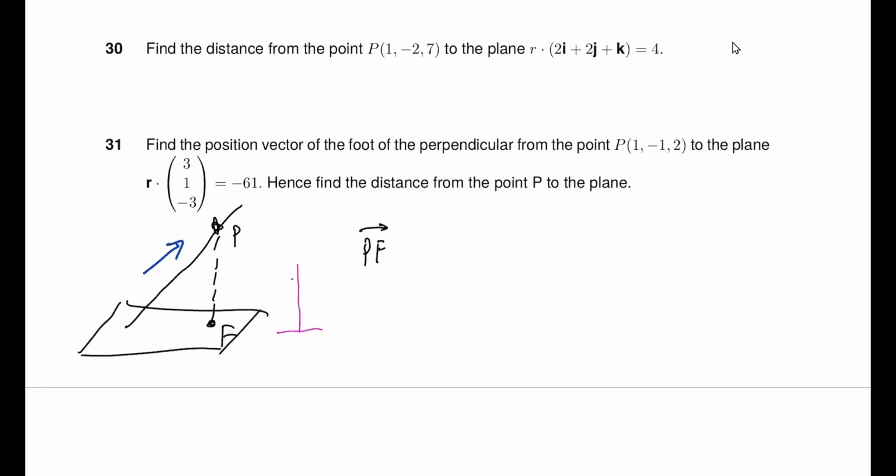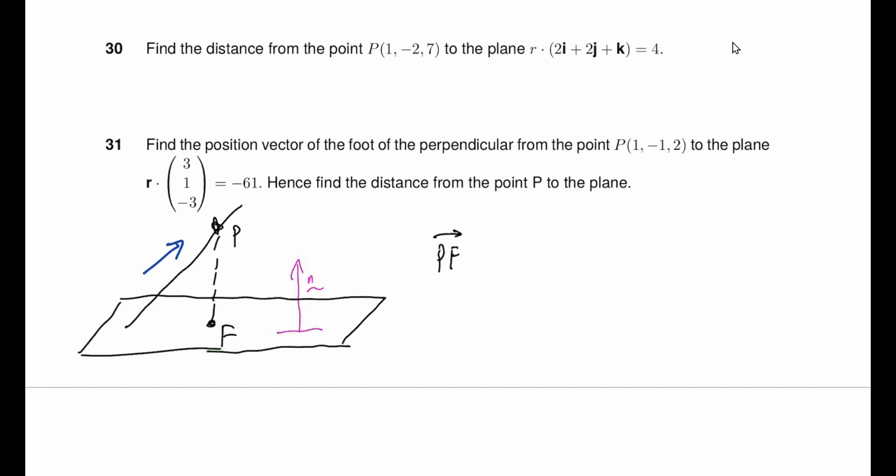No space, so I'll just write it outside. Maybe I'll just make my diagram a little bit longer. So my plane is sitting out, my normal is sitting inside my plane. Doesn't matter. Okay, then PF. You told me PF. So it's parallel to PF.